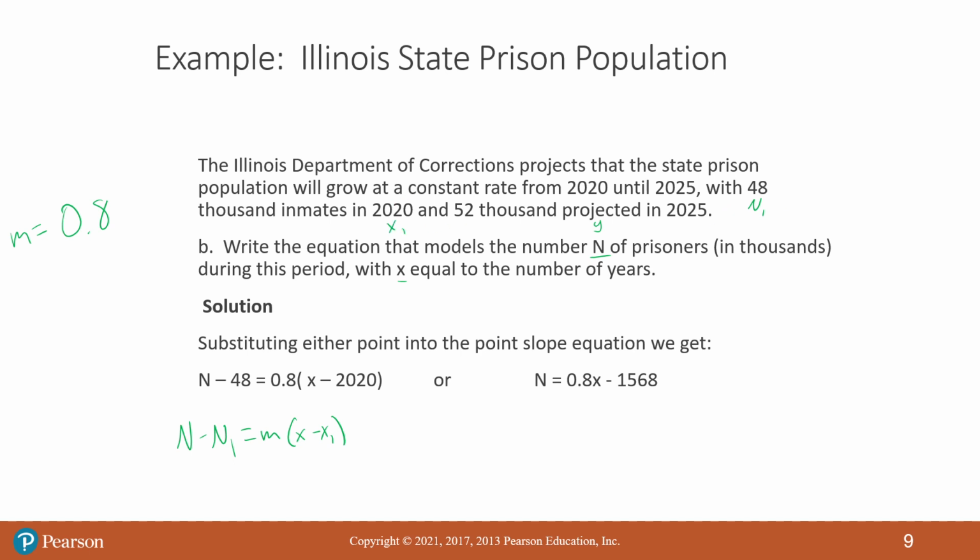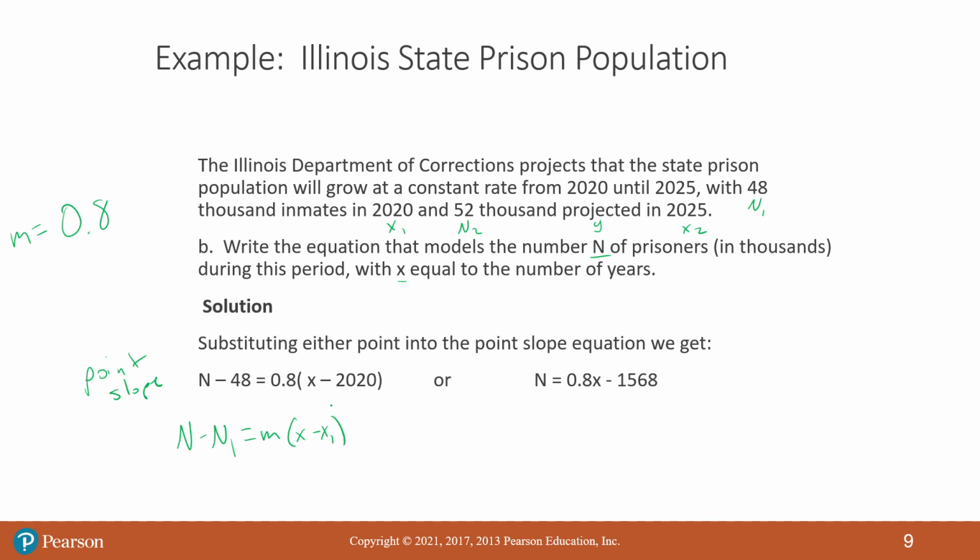And if you'd used the other numbers, your n2 and your x2, it would still work and simplify down to the same thing in slope-intercept form. But we're starting in point-slope. So when they substitute this into point-slope, we get n minus 48, which is our n1, equals 0.8 times x minus 2020, which is your x1.